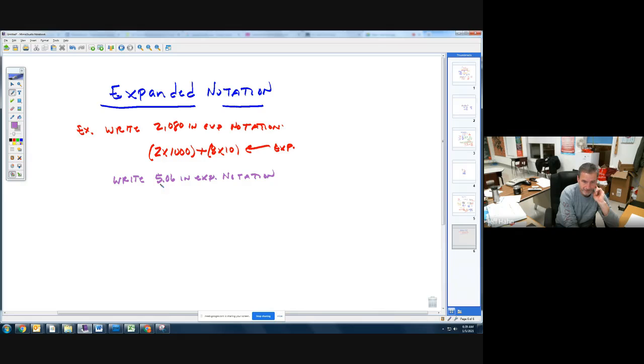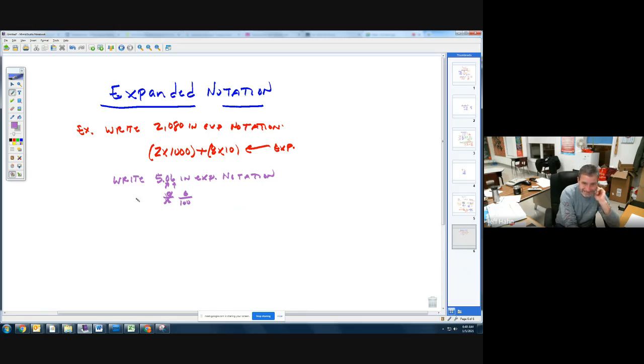You know the 5 is in the ones place. This 0 is in the tenths place. And the way we show that in expanded notation is with fractions. And remember, the tenths place just means you have some number over 10. So this would be 0 over 10. So I don't have to show that because it's really nothing. The 6 is in the hundredths place, which means it is 6 over 100, 6 hundredths.